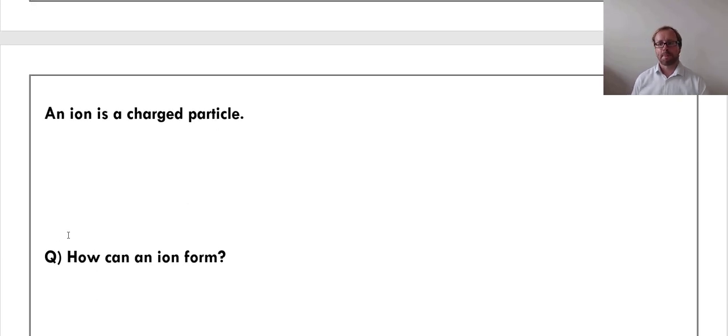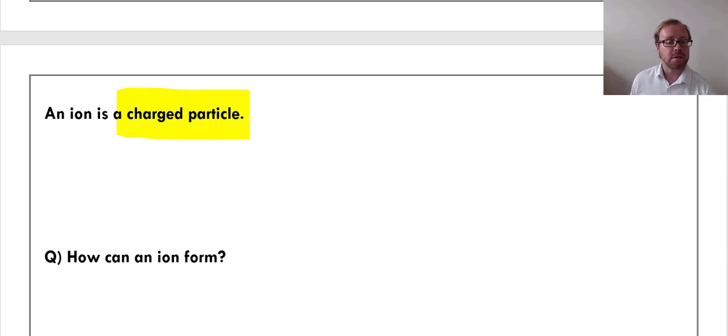Okay, so an ion is a charged particle. That's important, so we'll highlight it. So an ion is a charged particle. And I'm going to write some examples. Actually, you have a go at writing some examples down, and we'll see if we get some of the similar ones.